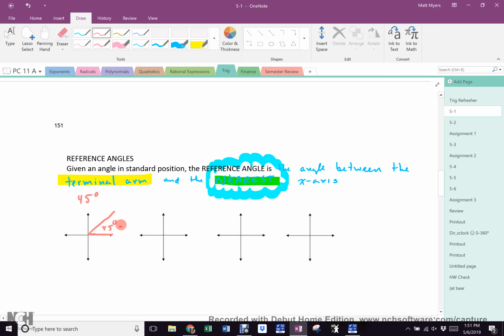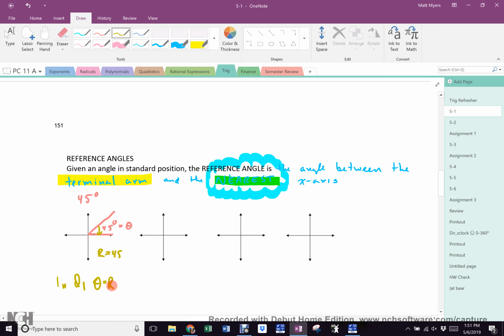So that is theta. What is theta's reference angle? 45 degrees. Why, Jack? This is the nearest x-axis, so this reference angle is 45. In quadrant 1, theta equals its reference angle.